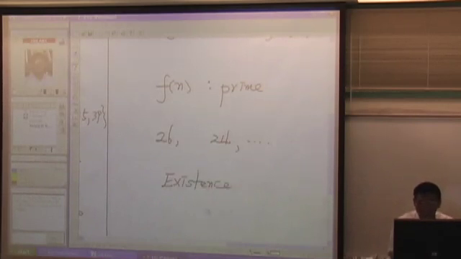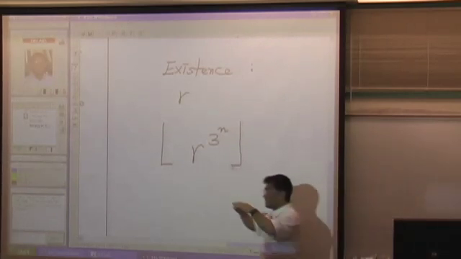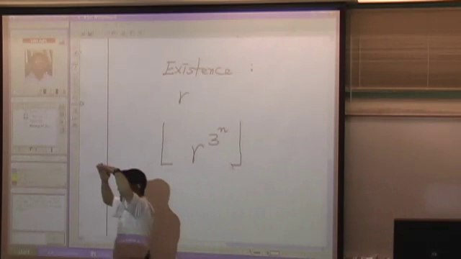Existence. So there is a number, real number R, right? Some real number R. And then R to the power of 3 to the power of n. And then I will define this function very soon. Floor function. Floor function is truncating function.